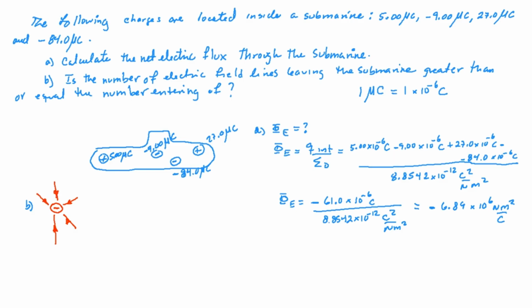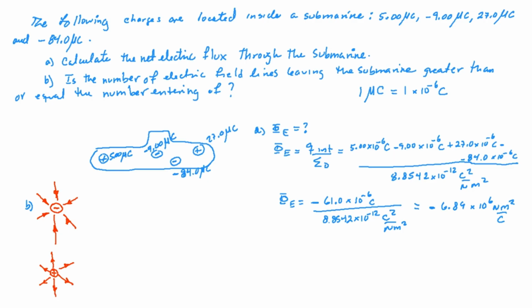And when you have a positive charge, the electric field lines point outward, leaving the electric charge, right? So, due to the positive charges, there will be electric field lines leaving the submarine, and due to the negative charges, there will be electric field lines entering the submarine.